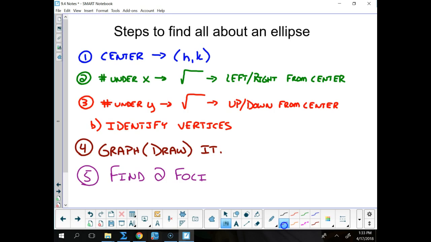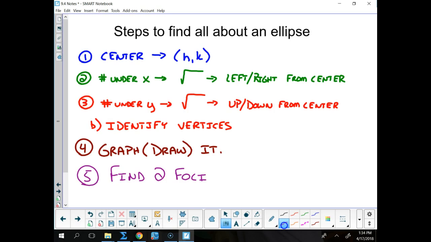The foci. Yes, ma'am. So say that instead of square root of 7 it was like 2. So then would it be 3 comma 0 and 3 comma negative 4? Yeah, if it's nice, then do it by all means. But if it's not, which probably 8.5 times out of 10 it's not going to be nice. Okay.